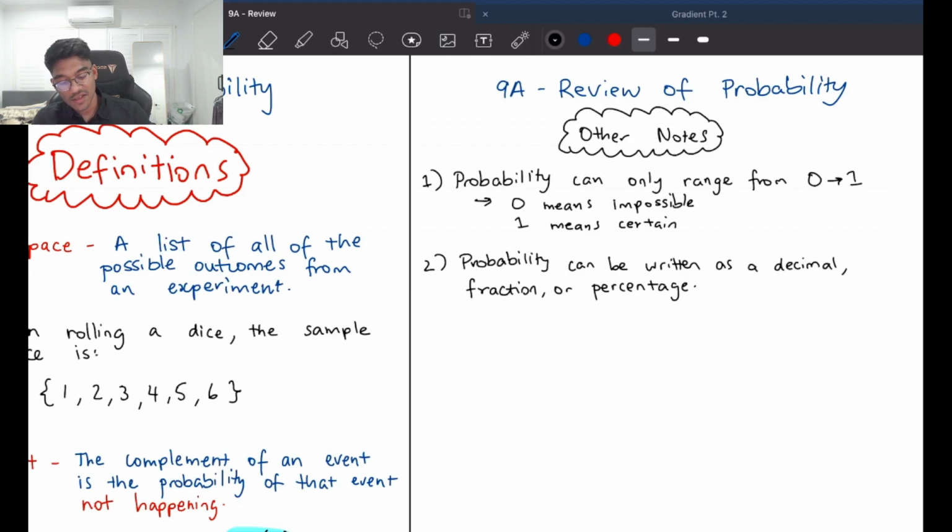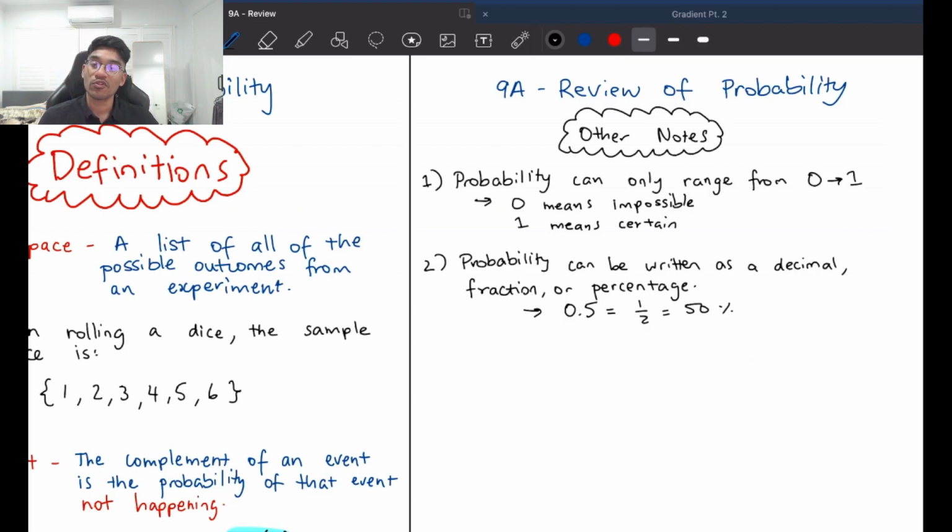So what that means is, let's say the probability of flipping a coin and getting heads. Well, we know that when we flip a coin, there's 2 possible options, heads or tails. So it's a half, or we can say it's 0.5. Another way of writing that is a half. Another way of writing that is 50%. What I might do is just write it like this: equal to a half, which is equal to 50%. So all three of these are valid answers.